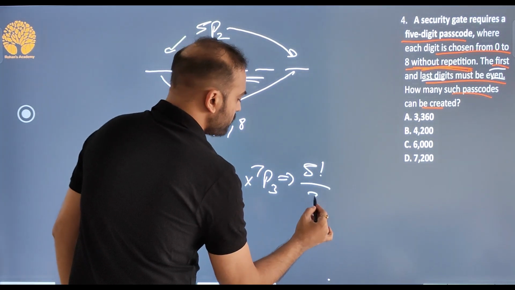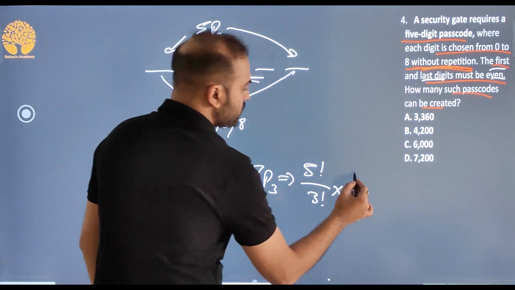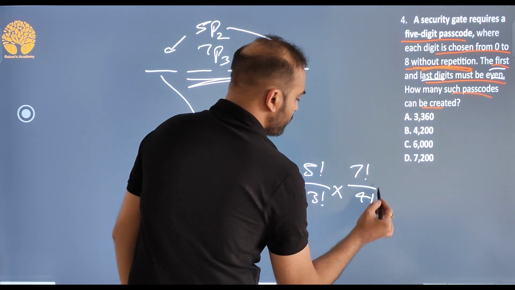That's 5 factorial by 3 factorial times 7 factorial by 4 factorial.